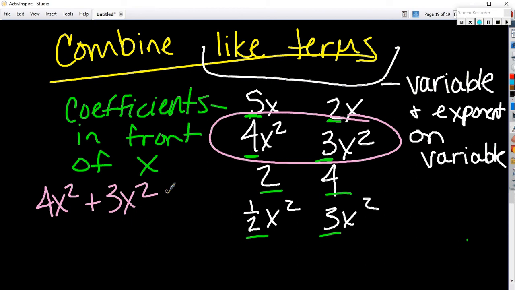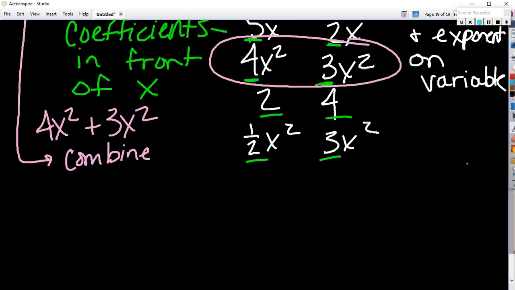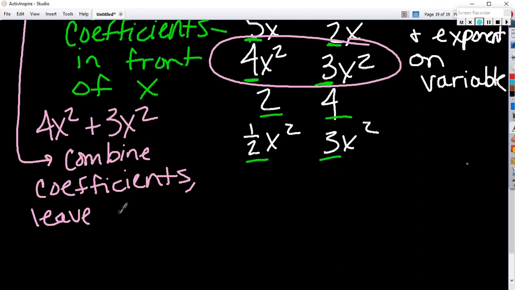How do you combine the like terms? You add the coefficients, the numbers in front. You're exactly right. So to combine like terms, I'm only going to combine, and this is very important, you might want to start, combine the coefficients, but we leave the variable and exponent alone.